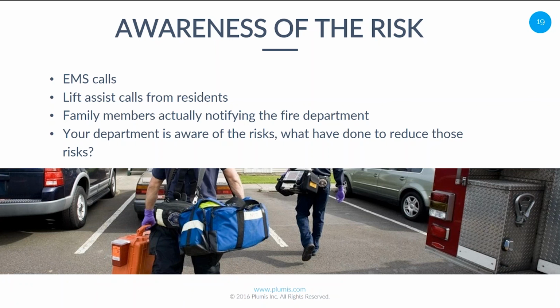In some cases, the family members, when they have someone at home that is in this home health care or hospice environment, may actually notify the fire department about that. So your department is, in some respects, already aware of the risk. The real question is, what are you doing to reduce that risk?